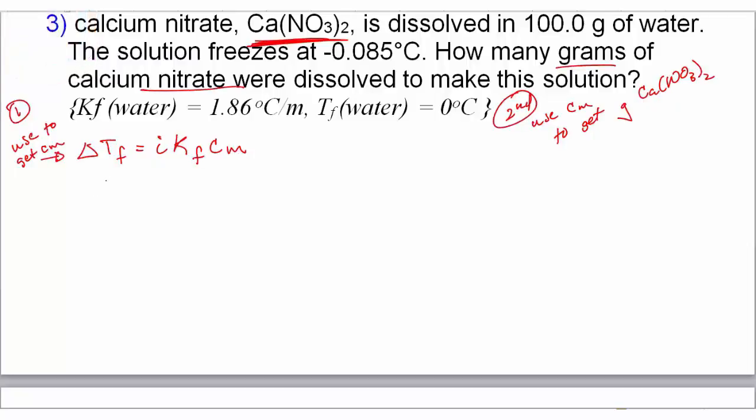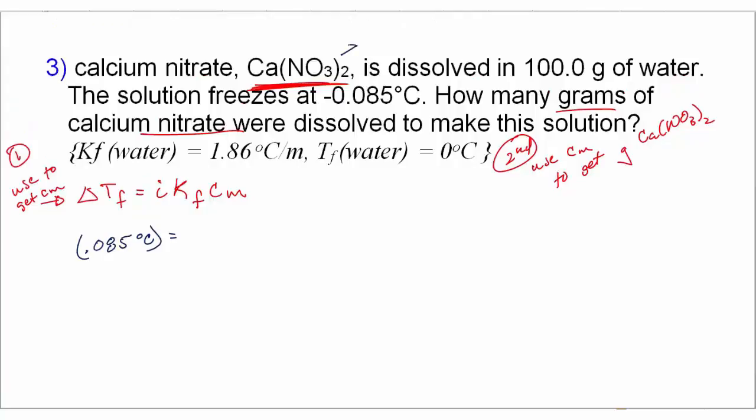My delta TF is just going to be the amount that the freezing point changed by, and it changed by 0.085 degrees Celsius is all. i is my number of ions, and I have calcium nitrate, so if this broke up, I would get 1 calcium ion and 2 nitrates. So that's 3 ions total. My constant is 1.86, so I can solve for Cm.